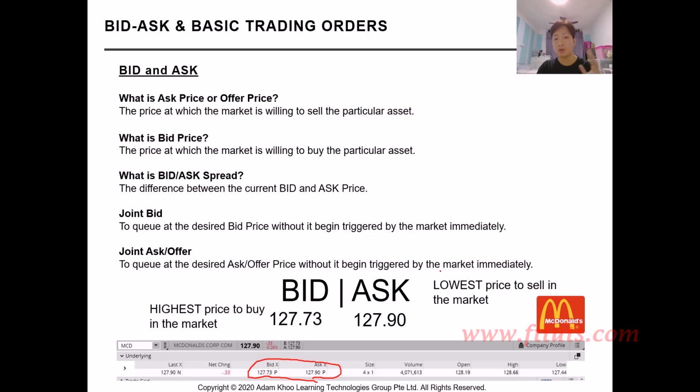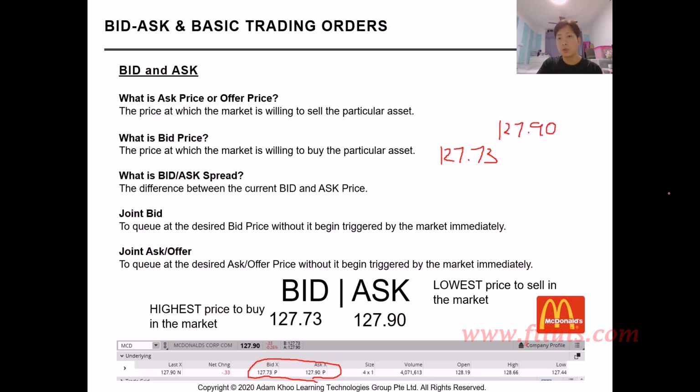In any trading platform, you're going to see a bid and ask for the stock, the futures, or even the forex that you are trading. Let's say over here the bid is 127.73 and the ask is 127.90.